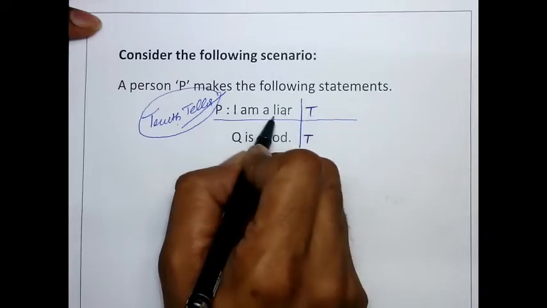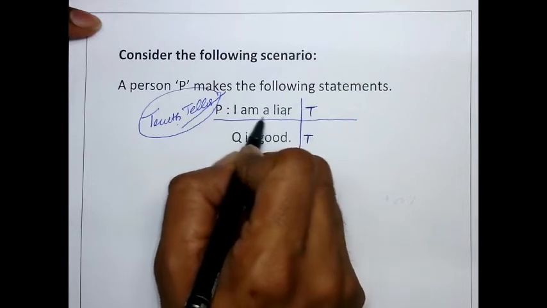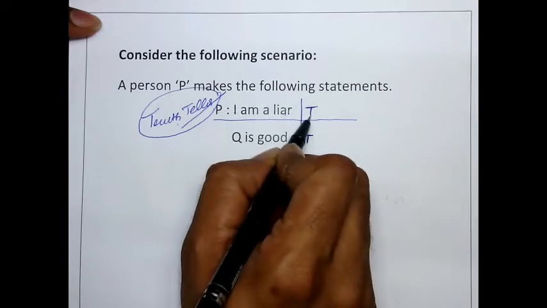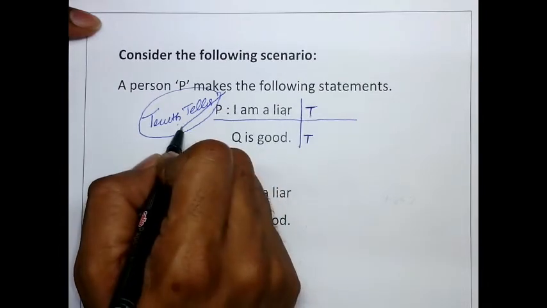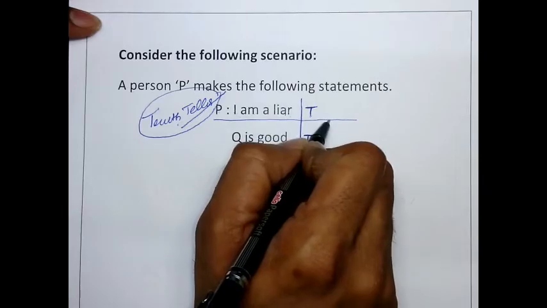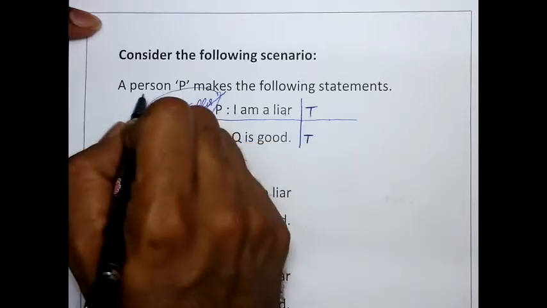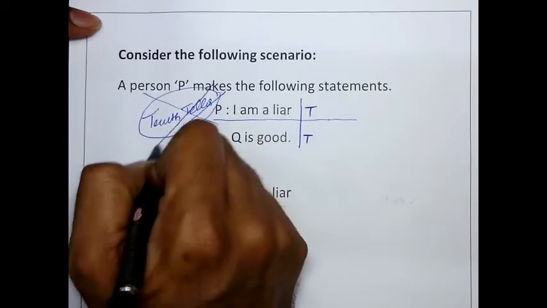P is a liar is true, which means in the statement the person P is a liar, but in the assumption P is a truth teller. The assumption and the statement are in two logically different situations, which means this is called a conflict or a contradiction, which means that this assumption was wrong.